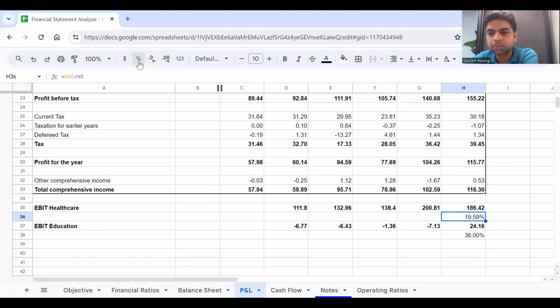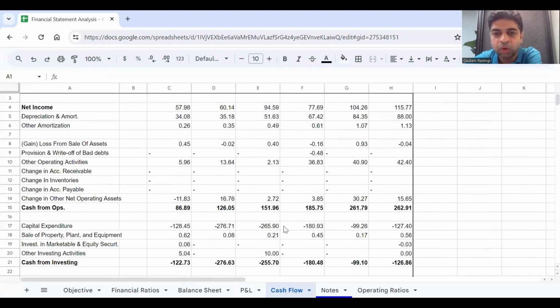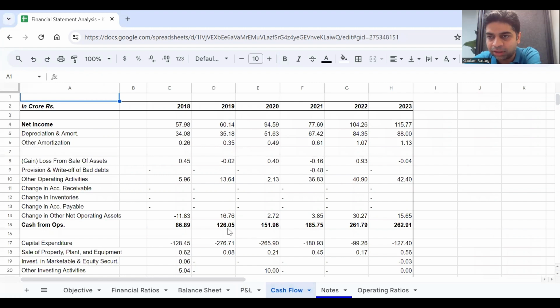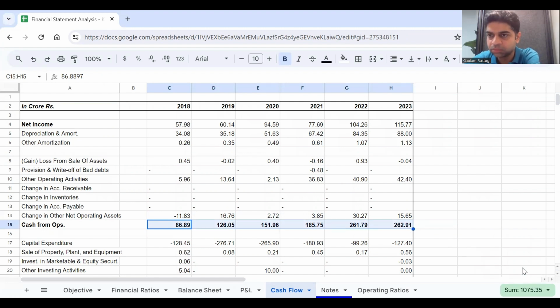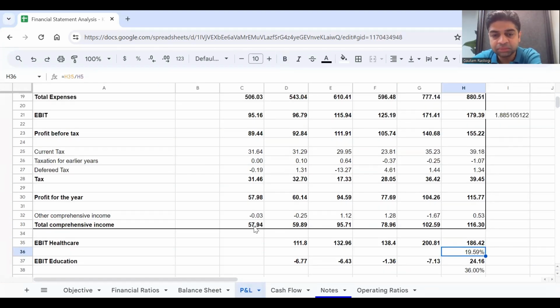Now let's turn to cash flow. The key highlight is the cash flow from operations: over the last 6 years, it's over 1000 CR. If I compare it with the profitability, that is PAT, it's a little over 500.